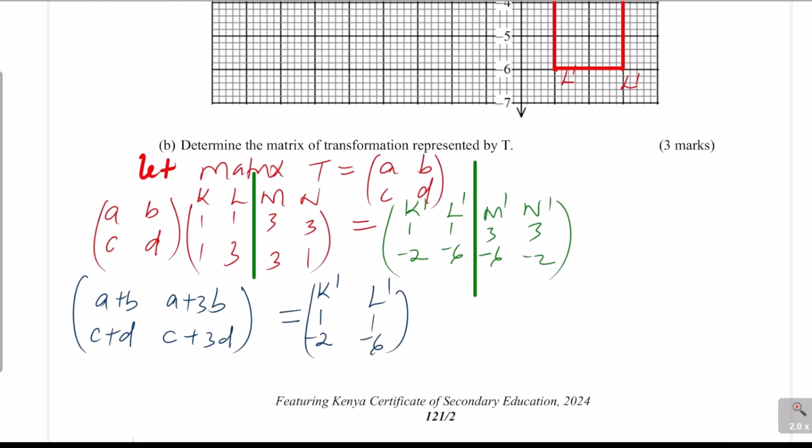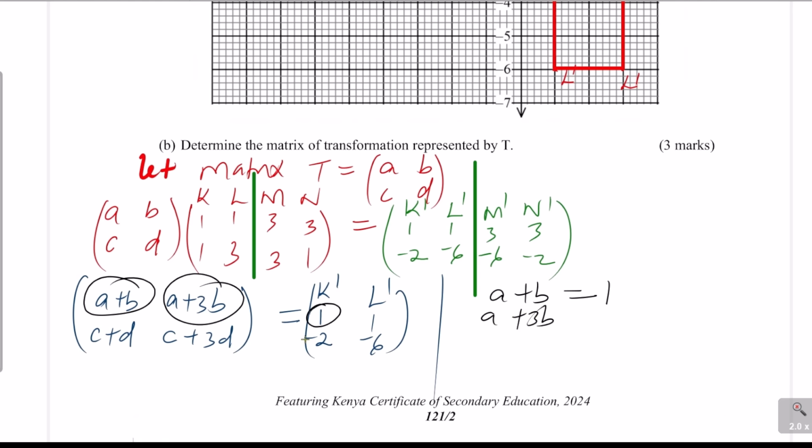Those two are enough because you're going to use them to form simultaneous equations, and this is how you do it. So you take A plus B is equal to 1, and A plus 3B is equal to 1. You can use elimination, subtract.